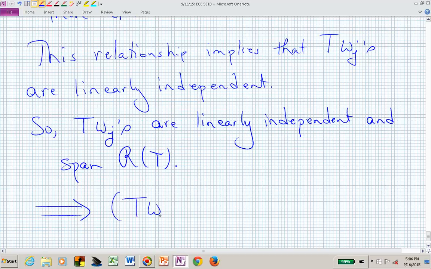So these TWJs are in fact a basis of the range of T. Yes?